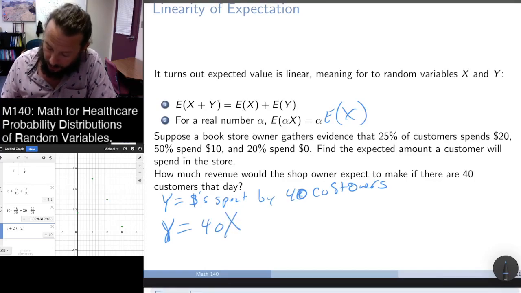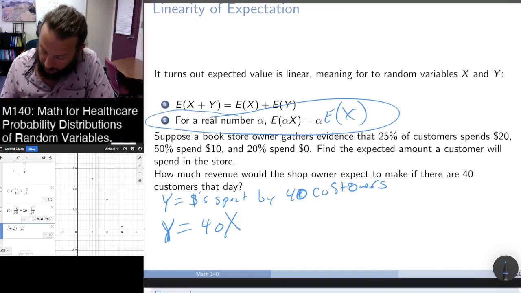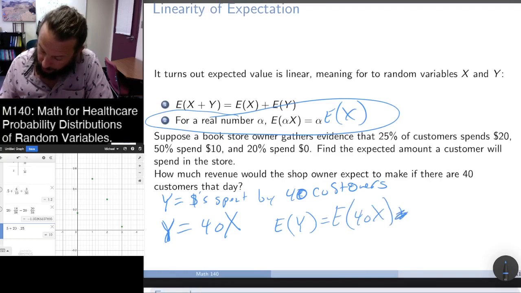That's the same thing. And so now we use this rule here, and we get the expected value of y, or how much spent by 40 customers, and that's going to be the expected value of 40x, which equals 40 times the expected value of x.